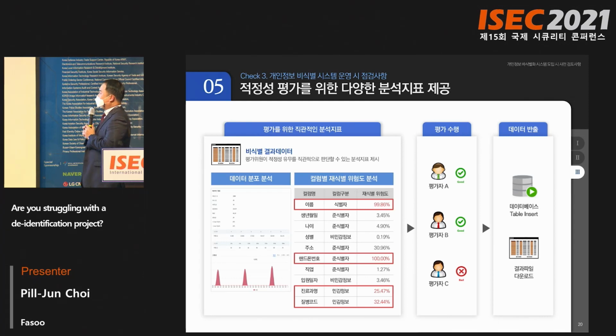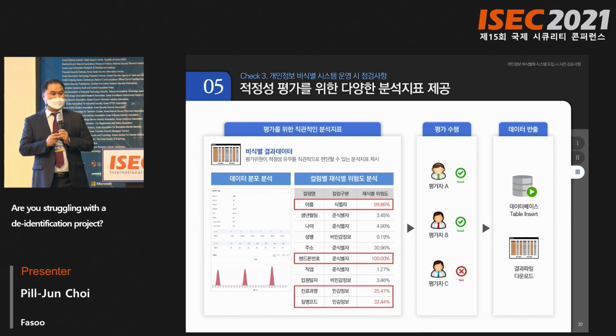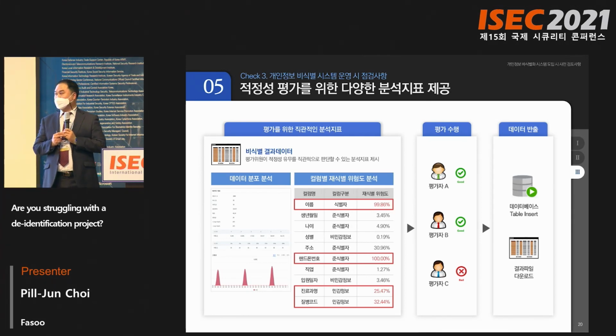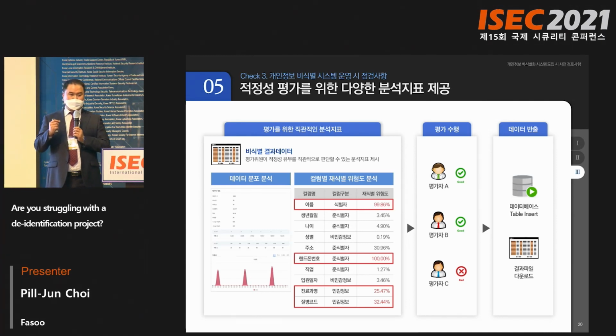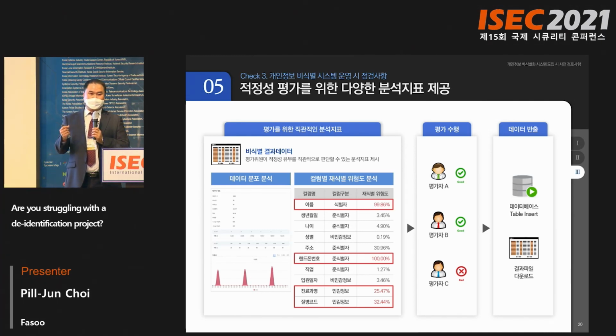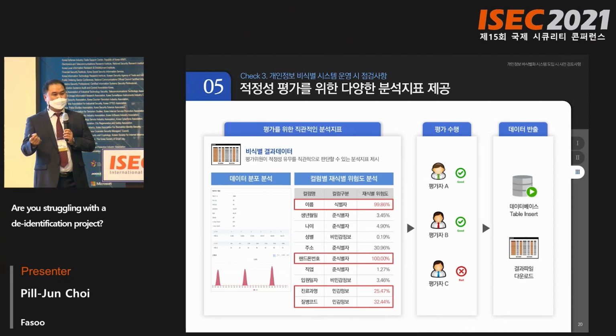In addition, you want to check a lot of analysis indicators to review the appropriateness. If you want to introduce the de-identification system or want to become a data combining organization, you have to provide data to evaluators for review.